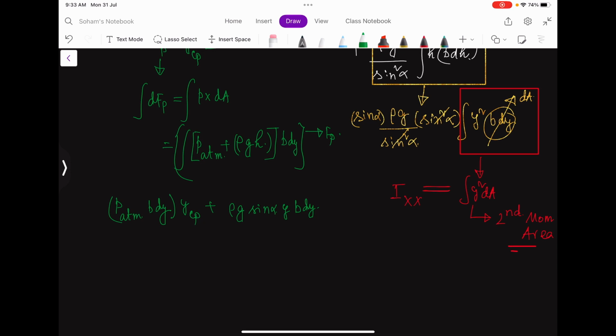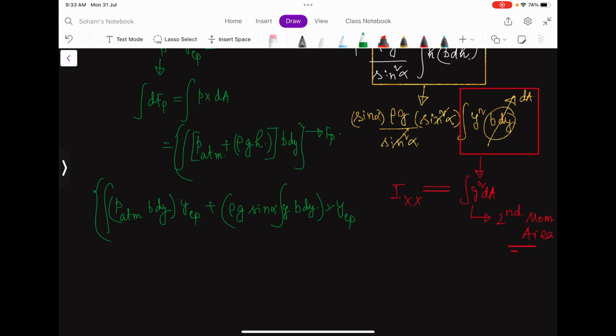Fine. And I have to integrate all these things, integration into ycp actually. So this whole thing into ycp.